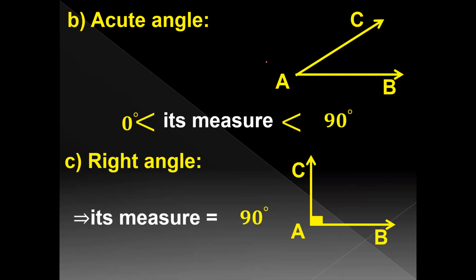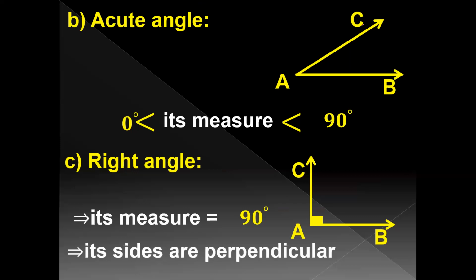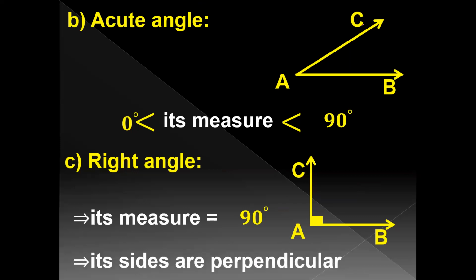Because 60 minutes equals 1 degree, so 89 degrees and 60 minutes will be 90 degrees, and the type will be right angle. And the two sides of the right angle are perpendicular.